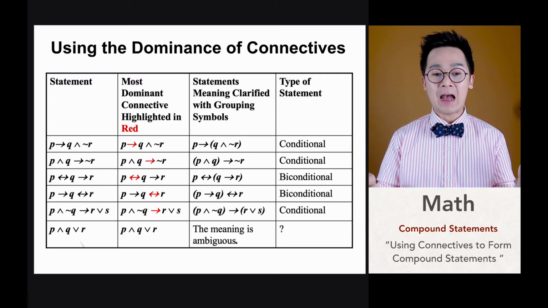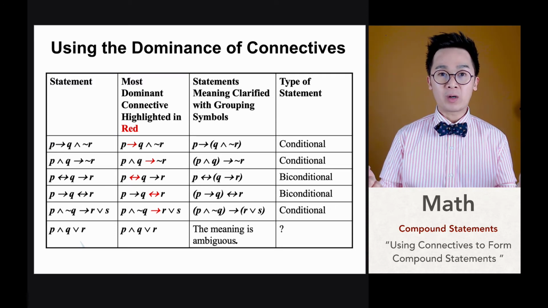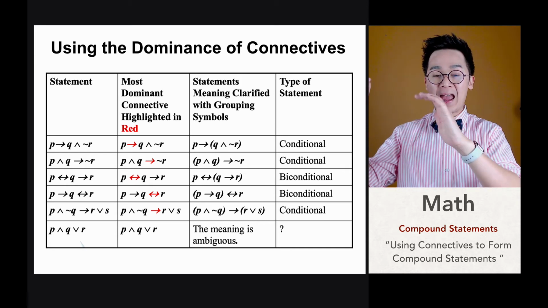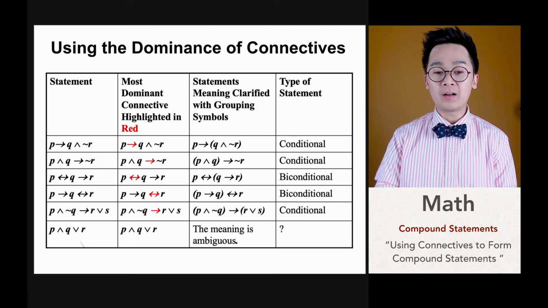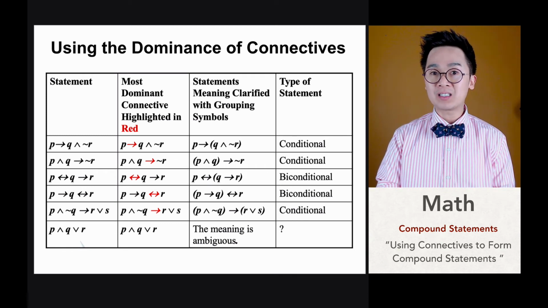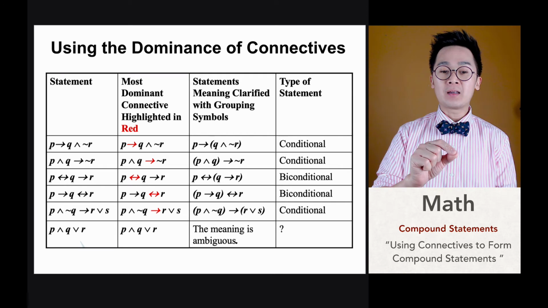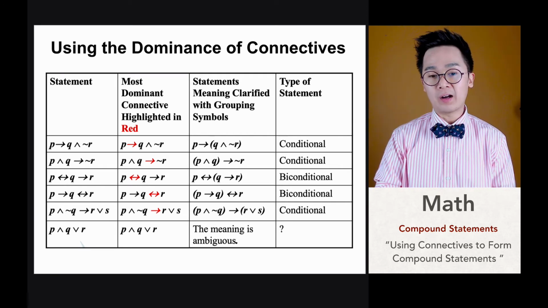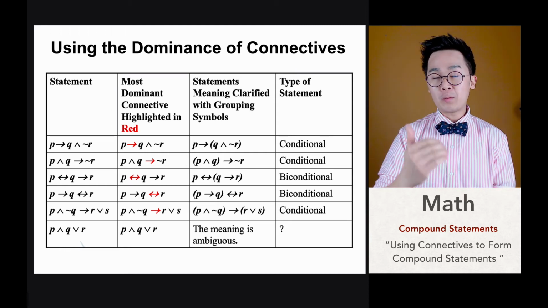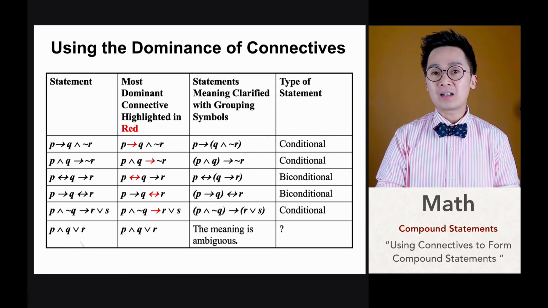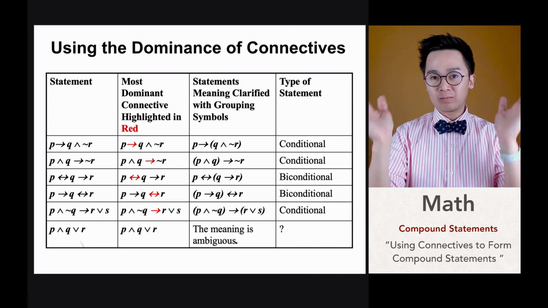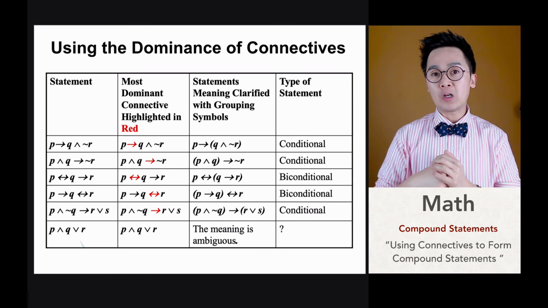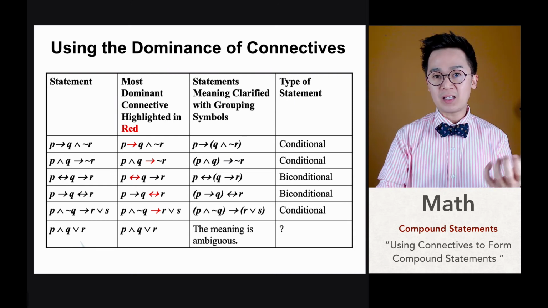So in this case, our antecedent is P and our consequent will be Q and not R. So that means we can group the consequent Q and not R, giving us this particular statement: if P, then parentheses Q and not R. So this is how you formulate your statements when you're not seeing the parentheses, but you can put the parentheses knowing which one is the consequent and which one is the antecedent.